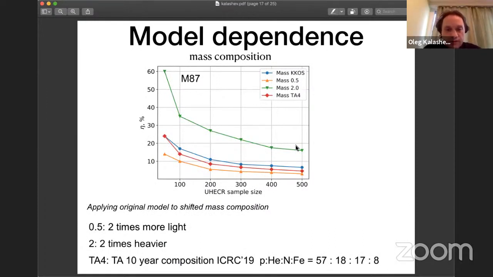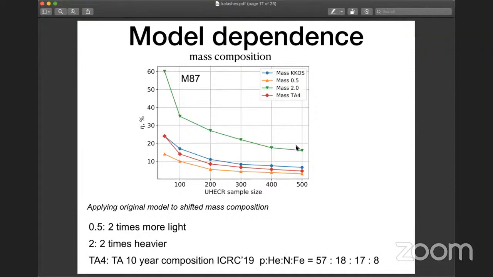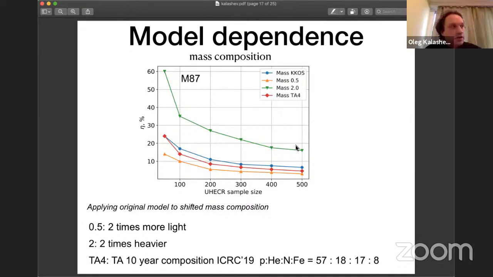That's okay. Here is the slide. The model on which this study was based has fitted the Auger composition. And on this particular slide, we tried to use a lighter composition and a heavier composition. And here, by the red curve, I show the numbers obtained for the Telescope Array composition.